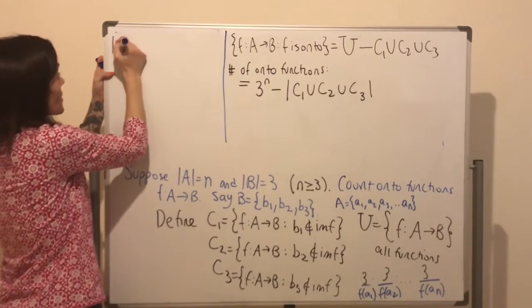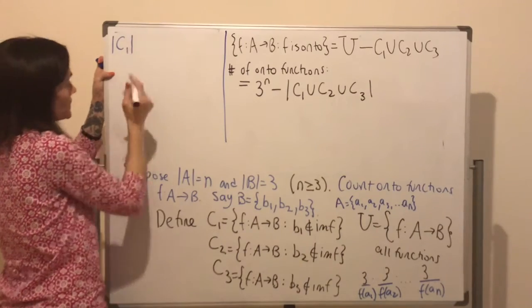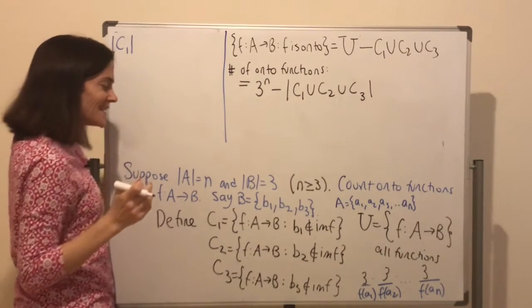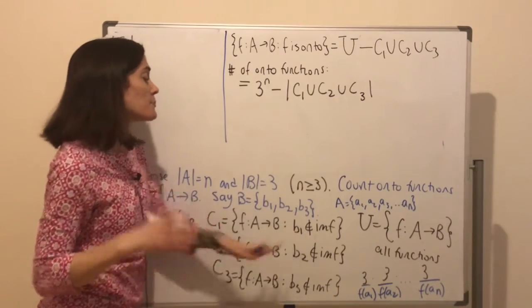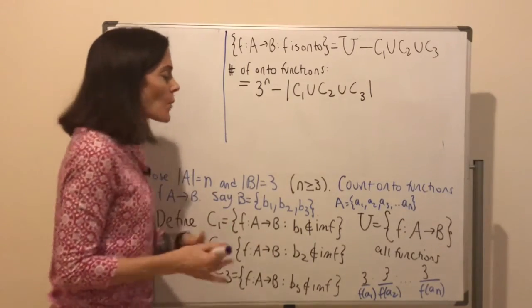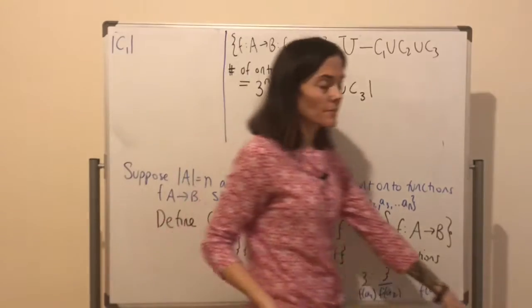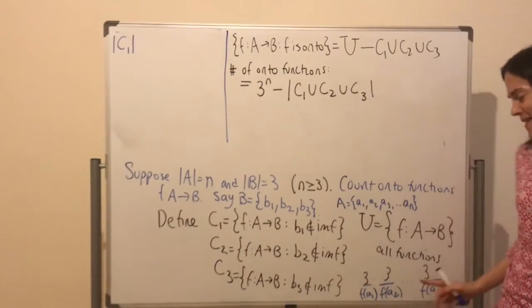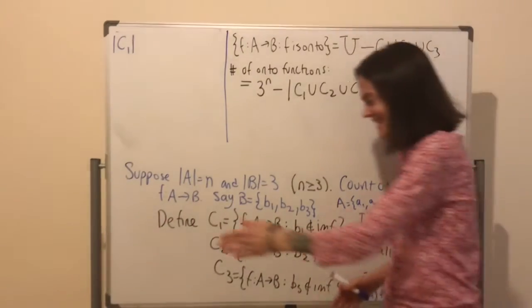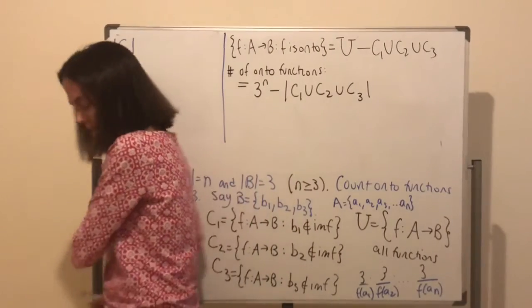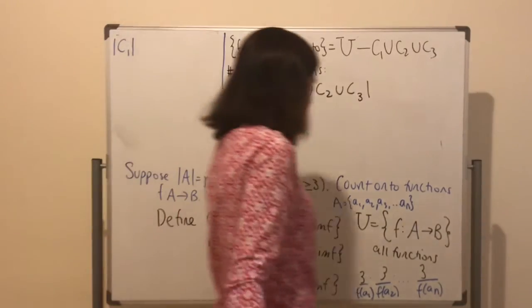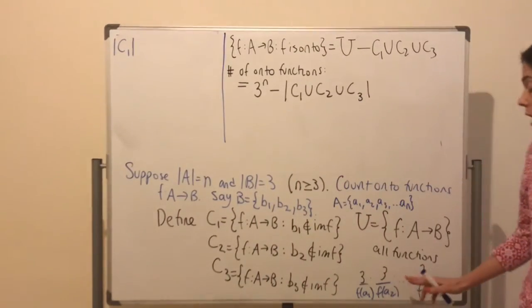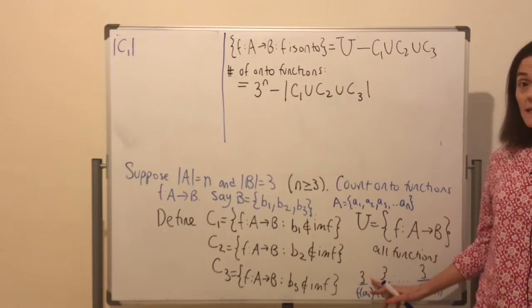Let's think about the cardinality of C1. Well, this is all functions, but B1 is not in the image. So what happens here? We no longer have 3 things to choose from.